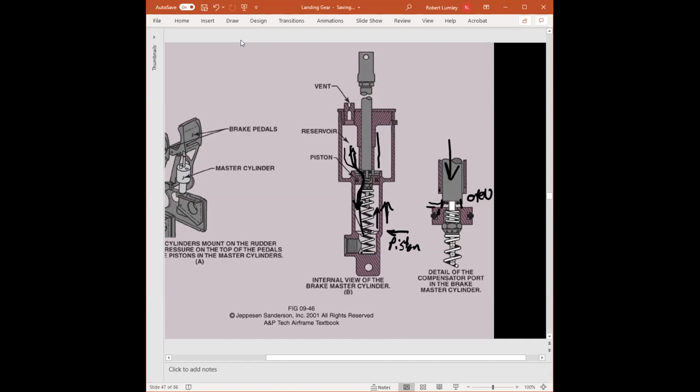The compensator port allows the venting or the expansion of the fluid to go into the reservoir. The reservoir is vented for thermal expansion, and the compensator port also closes to trap the fluid to put pressure to the caliper to activate the brakes. All right.